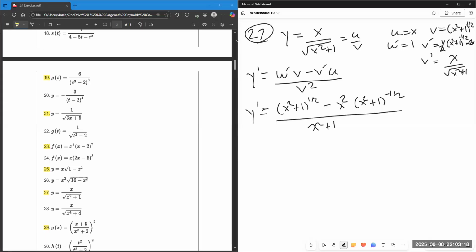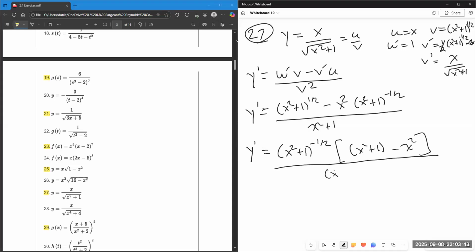And I'm going to factor here that my GCF is going to be x squared plus 1 to the negative 1/2. That will leave me with x squared plus 1 to the first minus x squared over x squared plus 1 to the first.